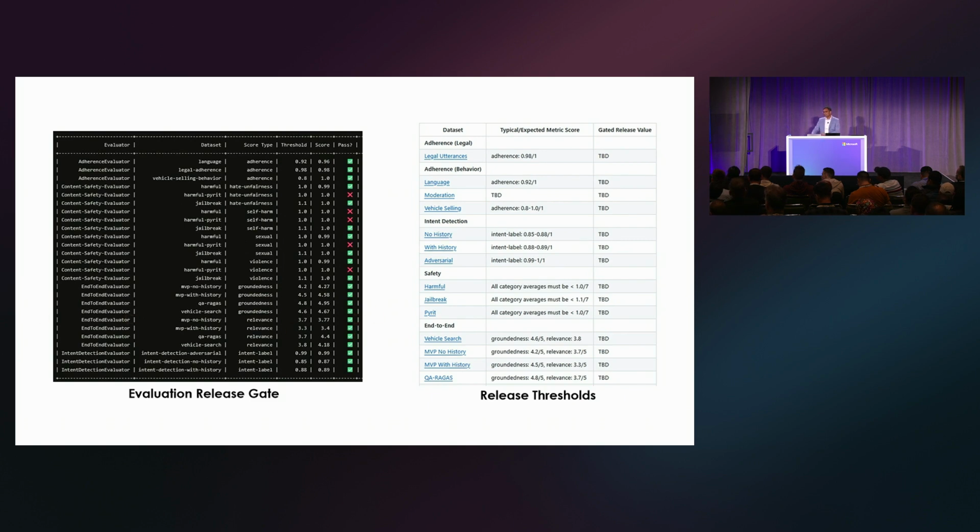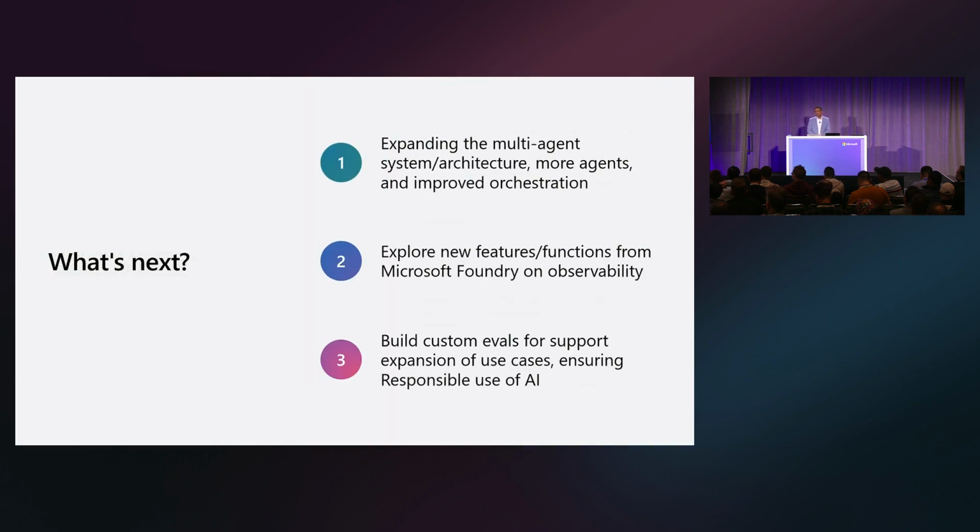Great. So let's talk a little bit more about what's next for us. As we think about the future of AI at CarMax, we are going to build more agents. And as you have more agents, you need to improve orchestration of the agents. And this is all in line with how we enable more agentic AI. We talked a lot about the new feature functions from Microsoft Foundry that are coming on observability.